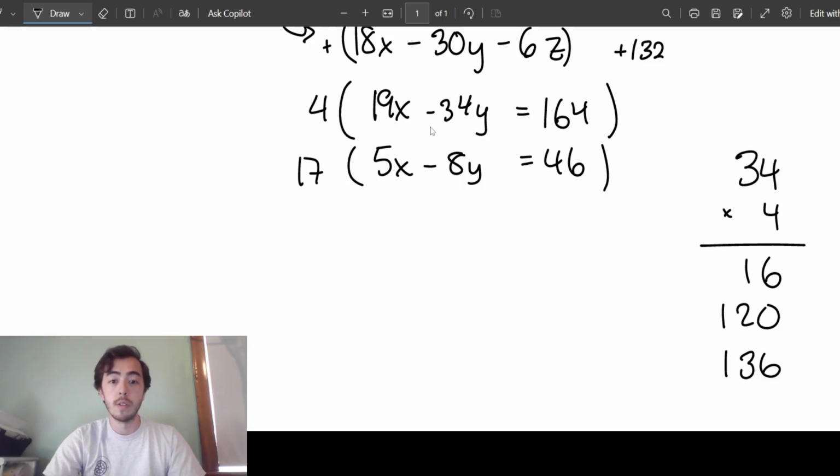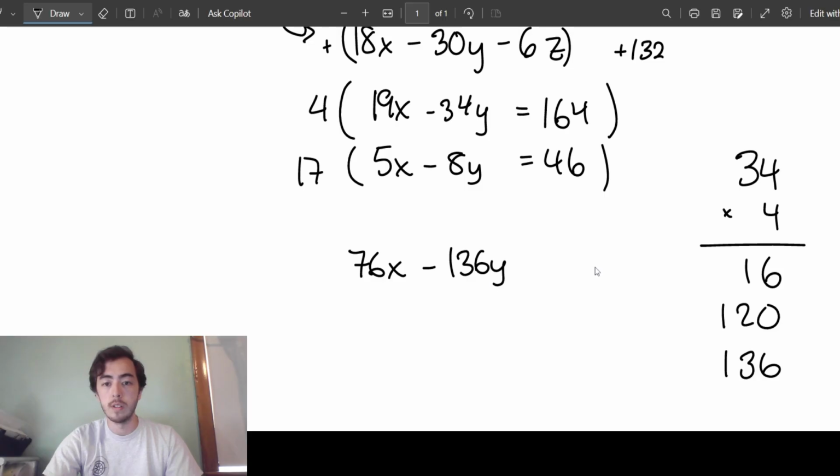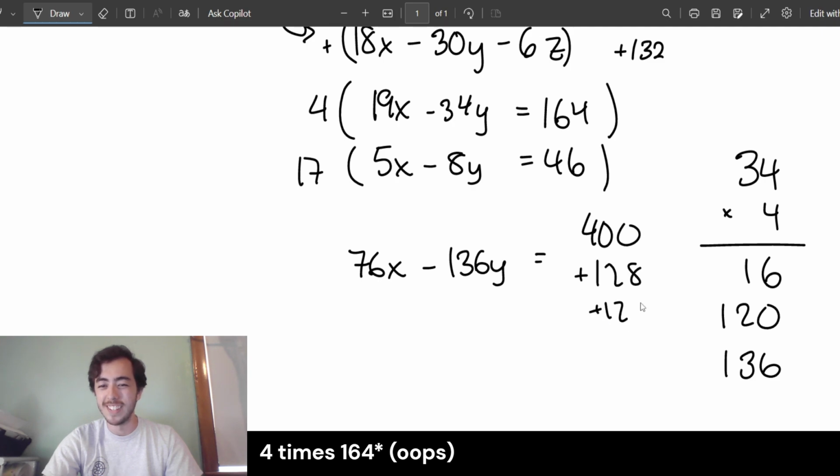So I need to distribute this 4 to all 3 of these terms up here. 4 times 20 is 80, so that means 4 times 19 should be 1 less 4, 76. I already did this math. 4 times 34 is 136. And then 4 times 64 is going to be 400 plus 128 plus 128.